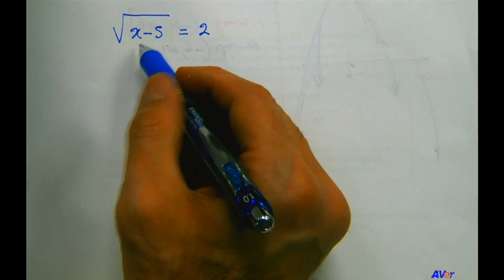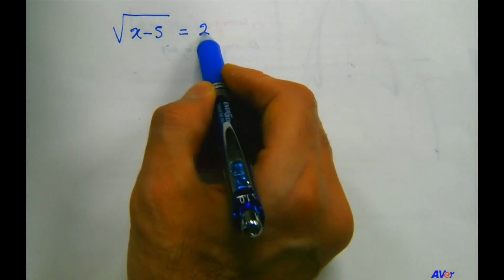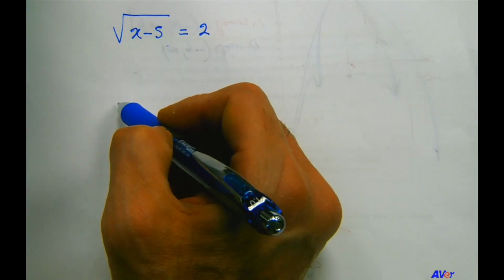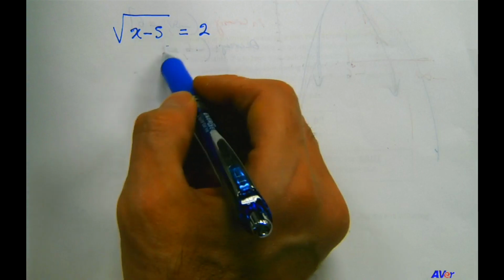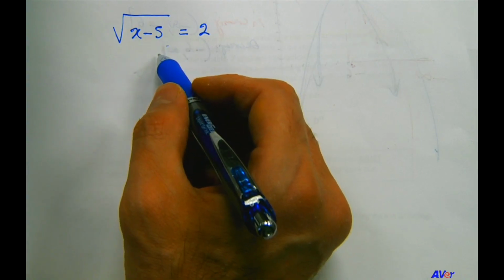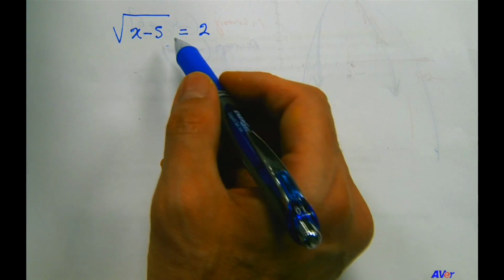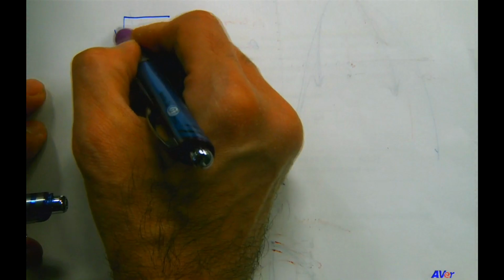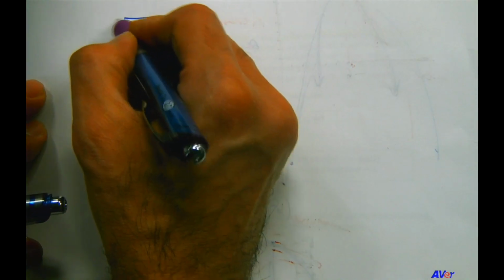So what should we raise both sides of this equation to? We should raise both sides to the second power, right? But why? Why second power? Why not fifth power or eighth power? Well, because the index of this radical expression is missing, which means if it's blank, it's 2.